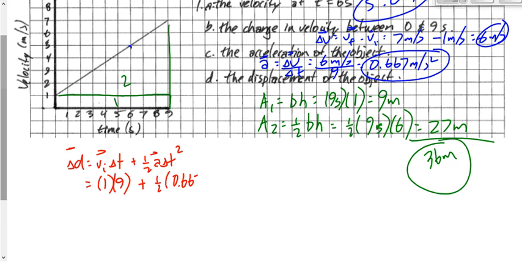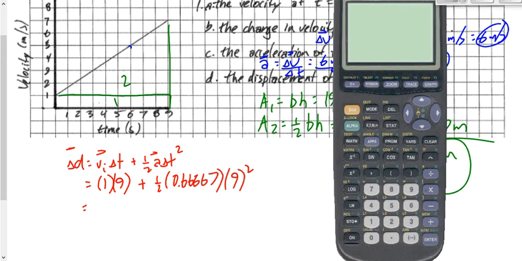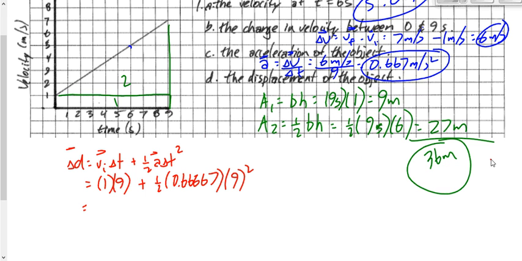And the time is 9. Let's figure this out. Let's say 1 times 9, add that to 0.5 times 0.666667 times 9 squared. And what do we get? 36. 36 meters. Go figure.